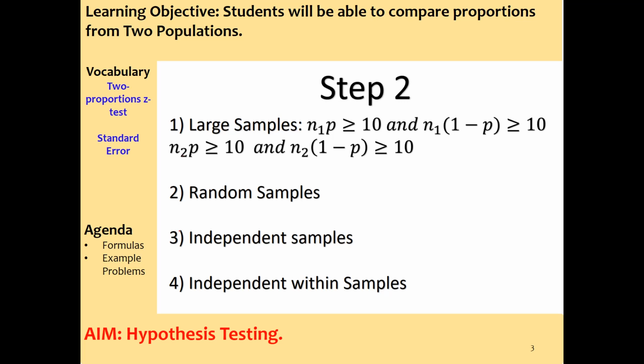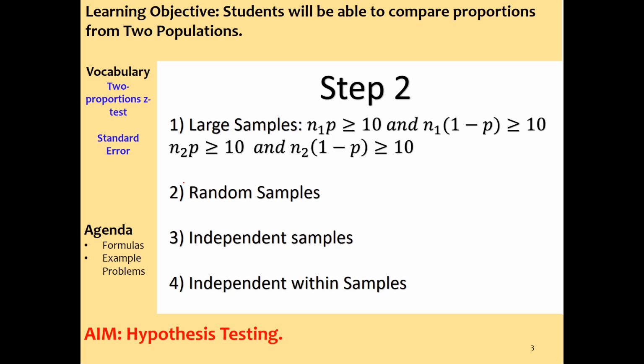Step two is these four conditions for the normal curve. Throughout the year, we've been talking about the normal curve, and then there's these four conditions. And here, we have to make sure we have a large sample, but it changes a little bit because we have two samples. So you have to make sure that the number of successes is bigger than 10, and the number of failures is bigger than 10. Same thing with the second sample: the number of successes is bigger than 10, and the number of failures is bigger than 10.